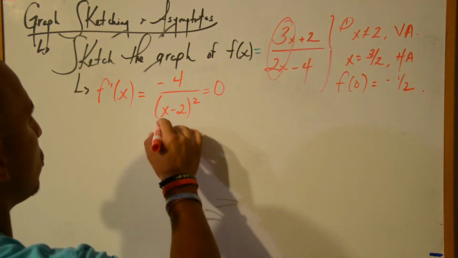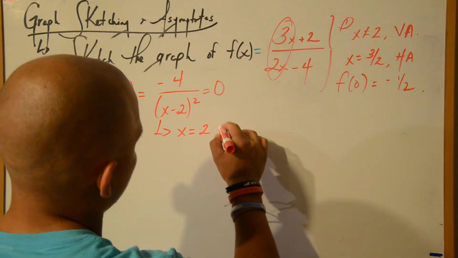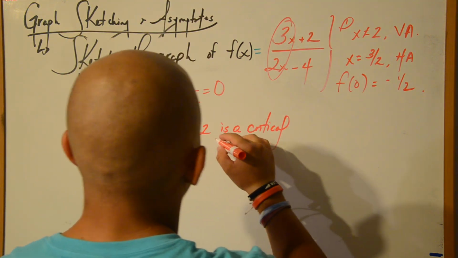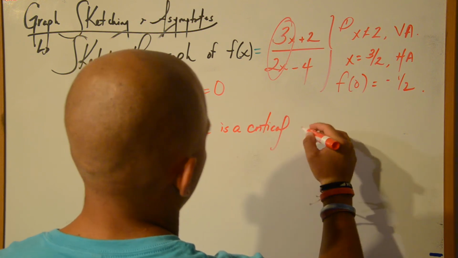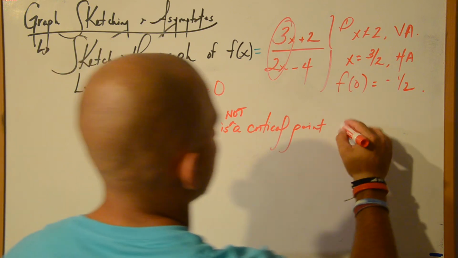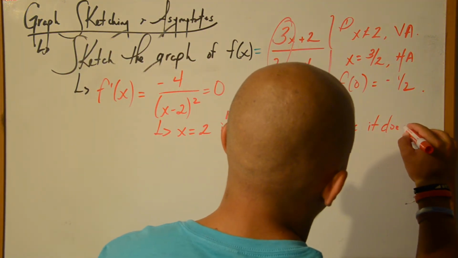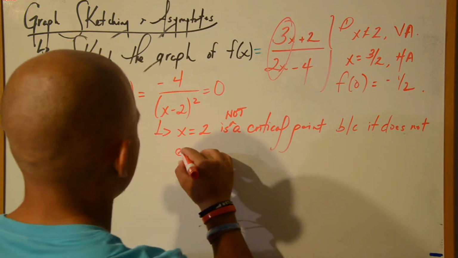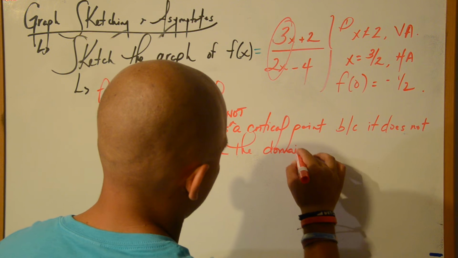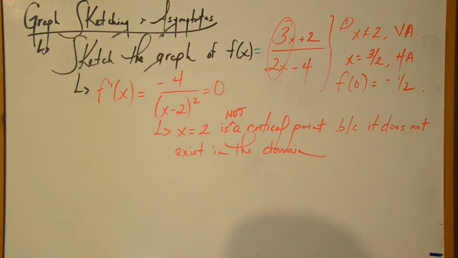However, we cannot say that x equals 2 is a critical point because it does not exist in the domain. So, what do we do then? This is a tough one.